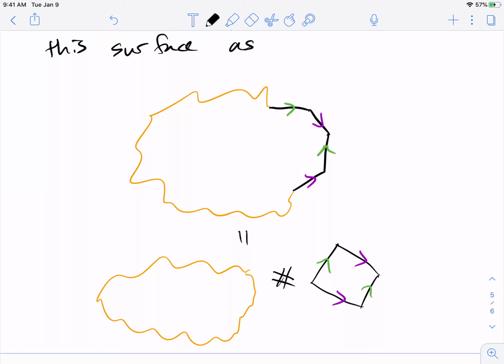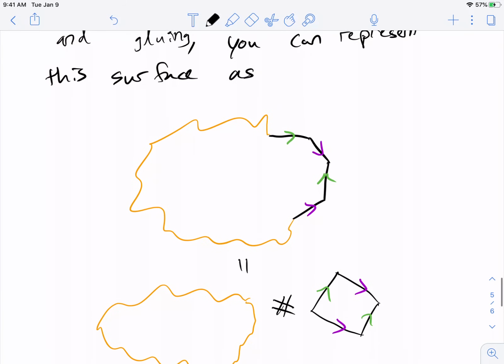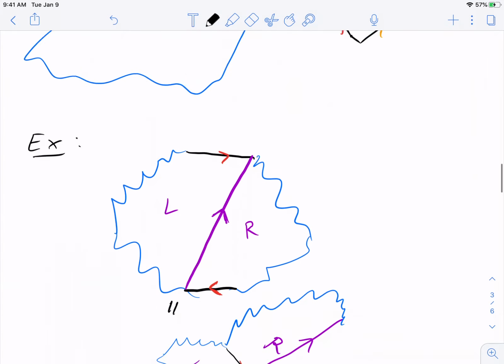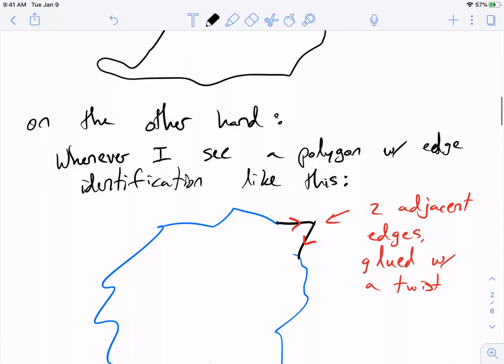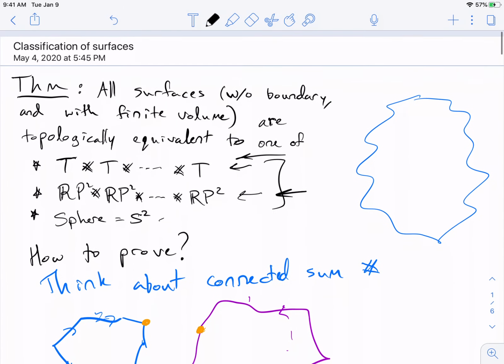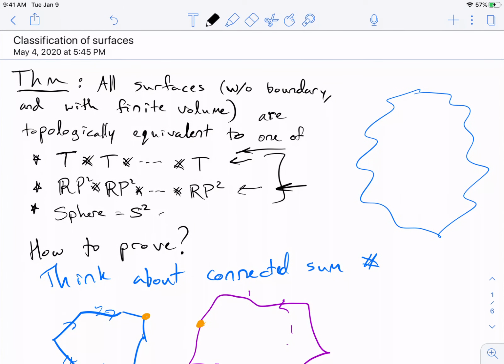And then you can break off a torus. And the hope is that you do that enough and you're left with no more edges, and then you can go back and see what you have. I'm going to get into the details of this a little more carefully in the next lecture. But for now, just think about that exercise, and then we'll talk about it more on Wednesday.